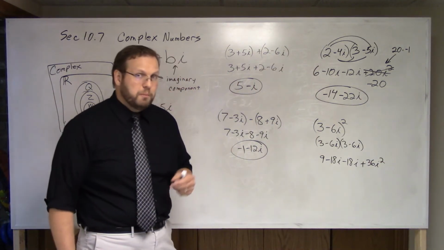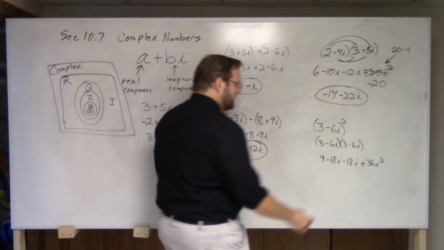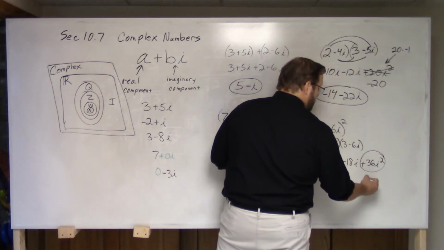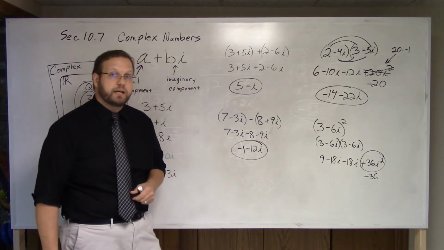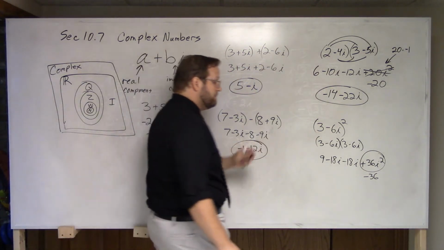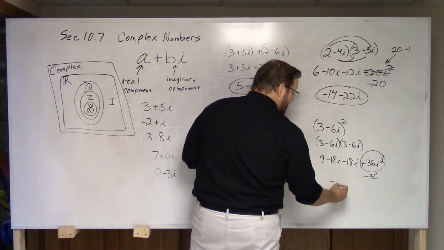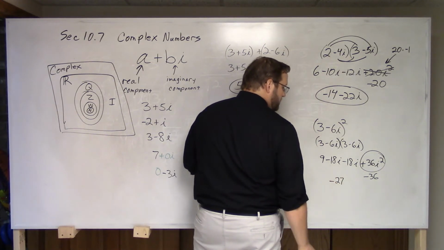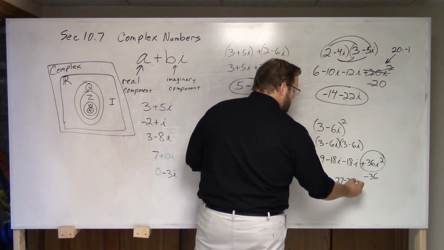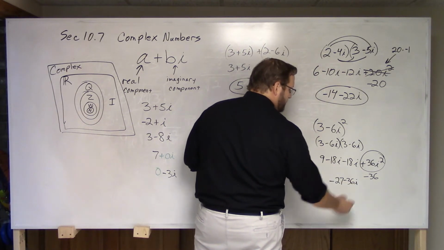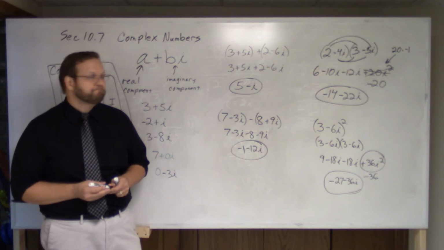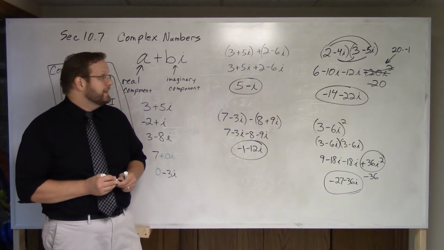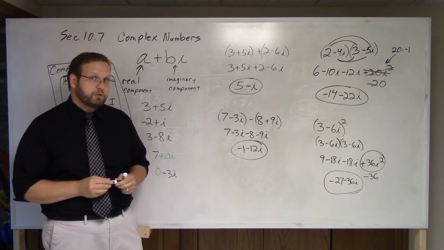But remember, plus 36i squared simply turns to a negative 36. I drop the i squared, I change the sign. So 9 minus 36 is negative 27 minus 36i. And there we go. Okay? That is adding, subtracting, and multiplying.